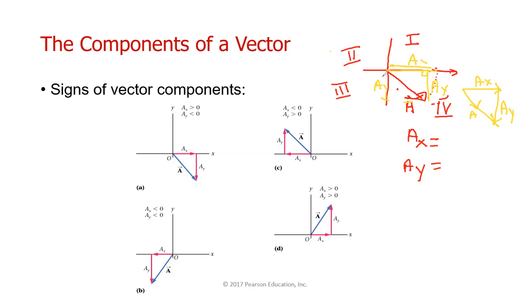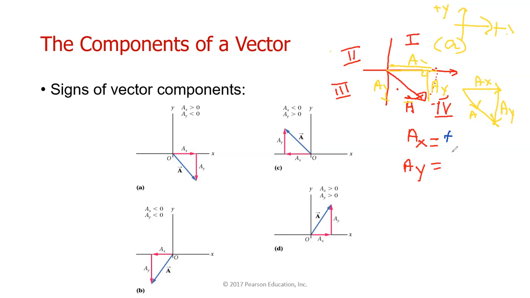I'm looking at diagram A, and now you look at that. This is my coordinate system, this is positive x, this is positive y. Ax is pointing in the positive direction, therefore positive. What do you think Ay is?